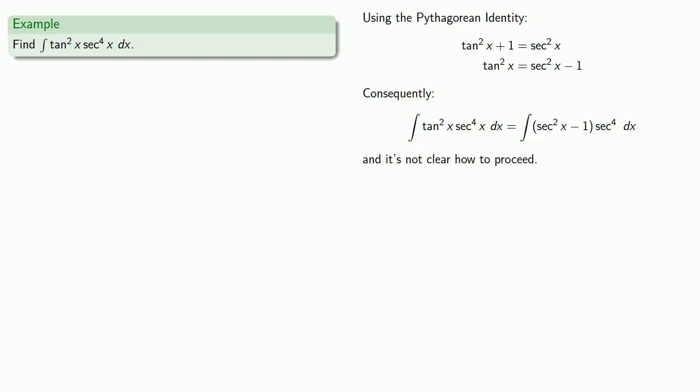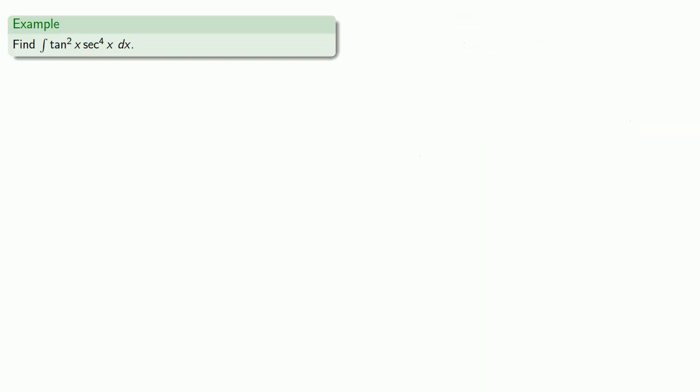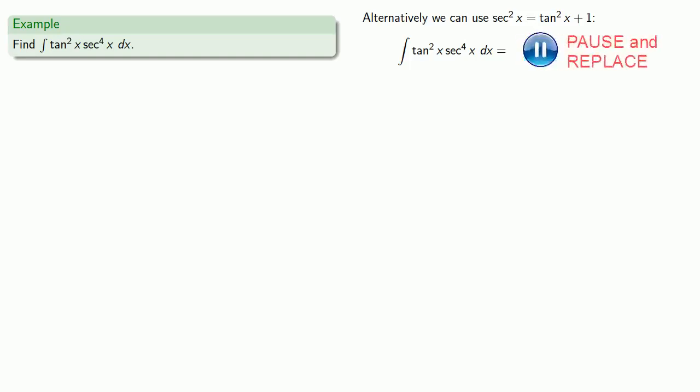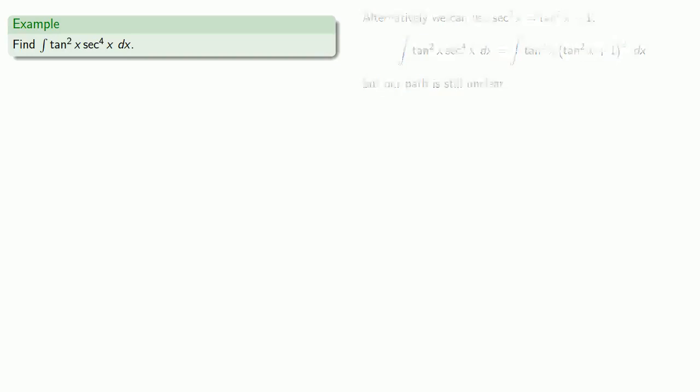While we might get this to work, let's try something else and see if we can do this more easily. So let's flip that Pythagorean identity around and use secant squared equals tangent squared x plus 1. And since this is a secant to the fourth, that's really secant squared squared, so we'll make that substitution. And again, it's not entirely clear how we want to proceed from this point.